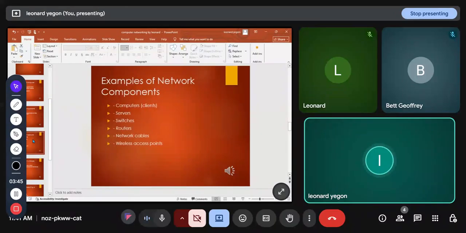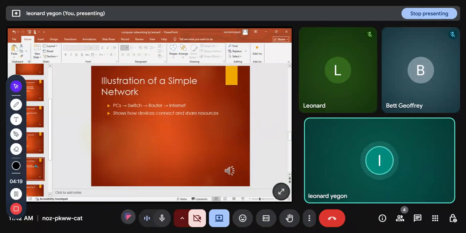Examples of network components are a computer, a server, switches, routers, network cables, and wireless access points. So these are the network components. For a network to be complete, you are supposed to have these. Now, let us move to the next part.